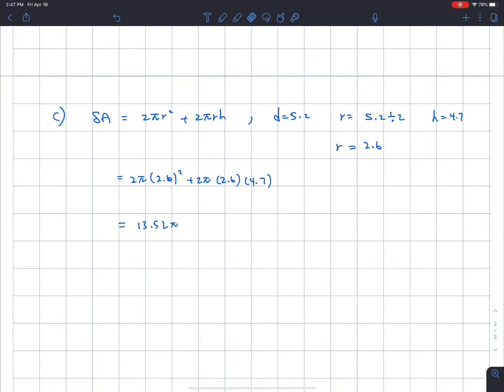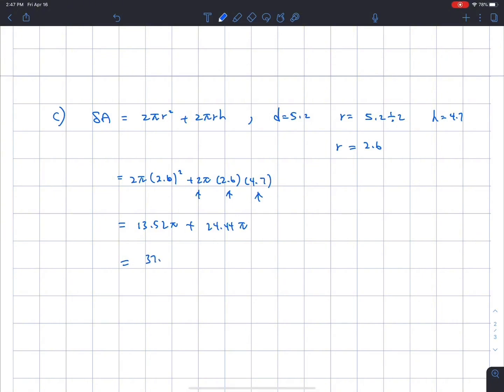Again, I just leave the pi alone. So meaning you just ignore the pi and then just put the pi here when you're done multiplying the numbers. The next one is 2 times 2.6 times 4.7. And I get 24.44 pi. Now we add it up, 13.52 plus 24.44.